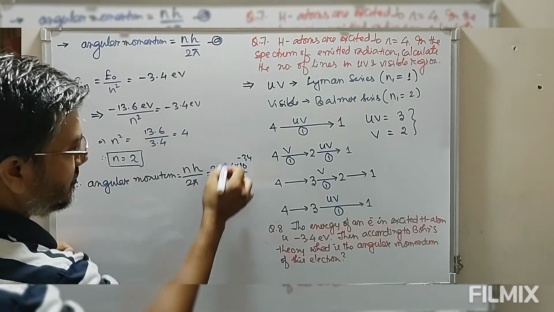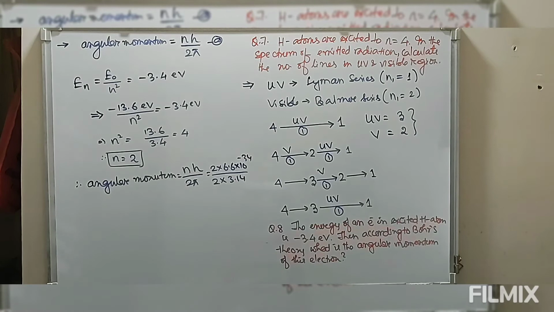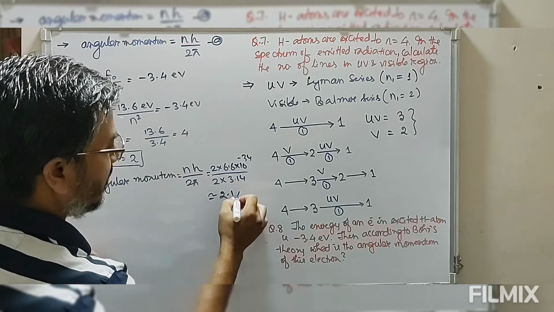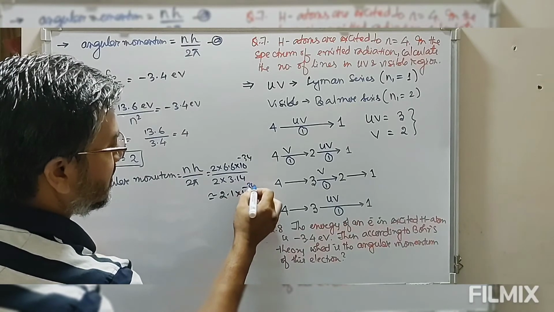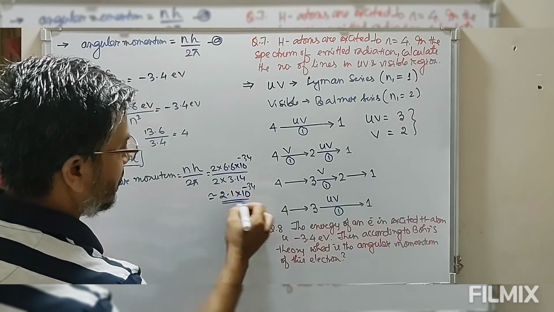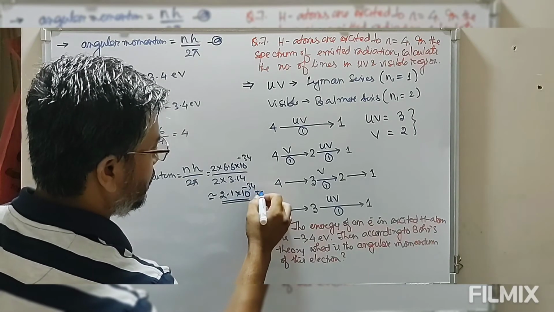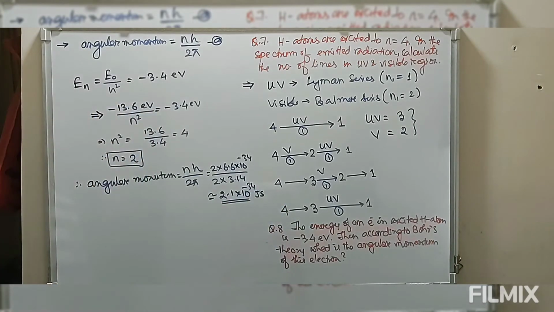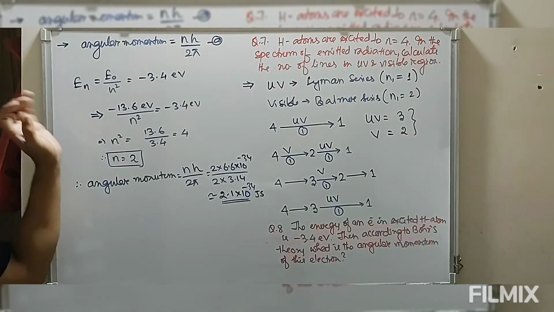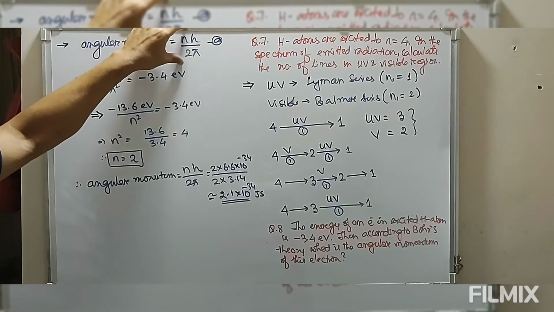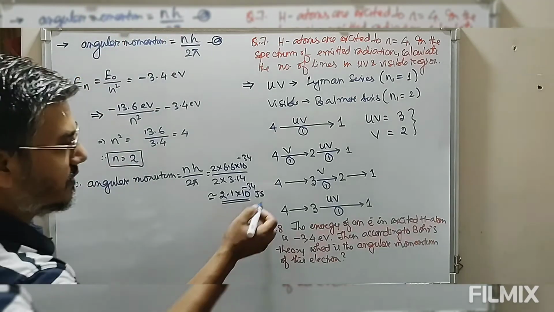So you get approximately 2.1 into 10 to the power minus 34 joule second. This is the angular momentum. First we find the value of n from the energy, then we use it in the angular momentum equation according to Bohr's theory.